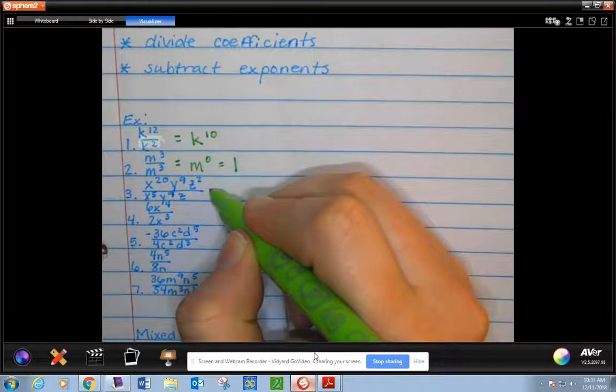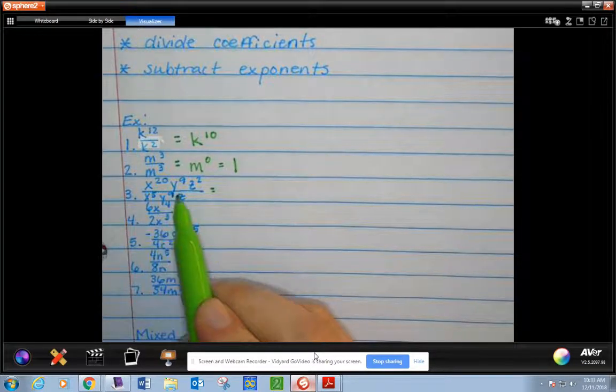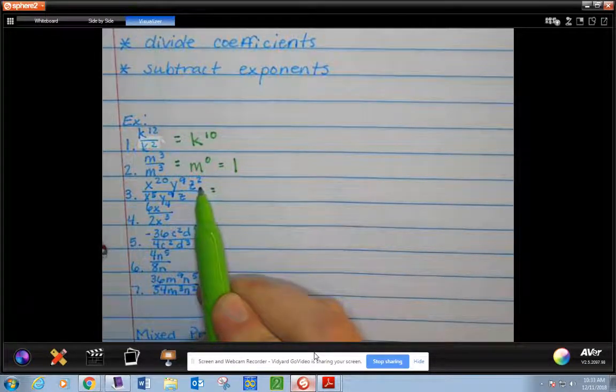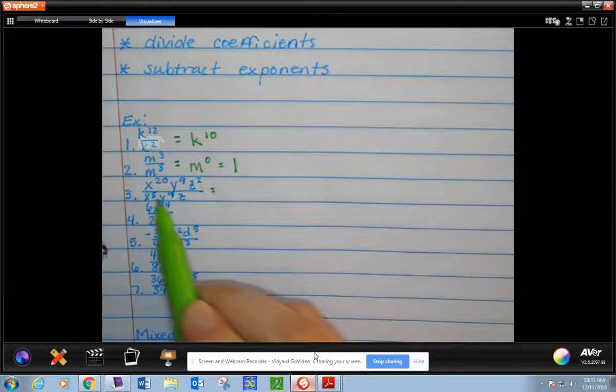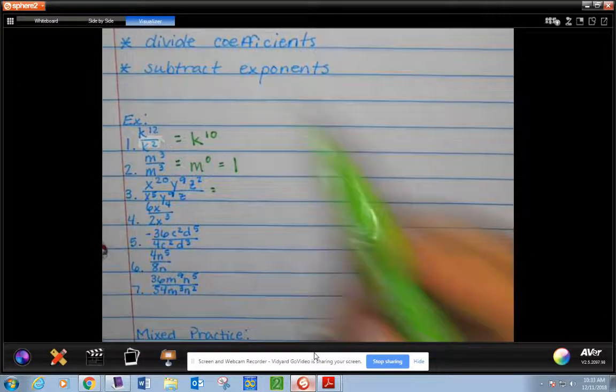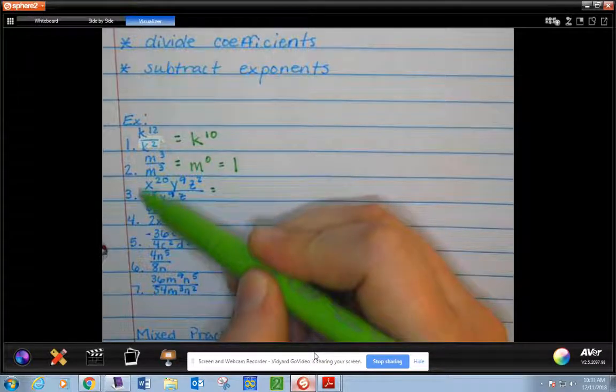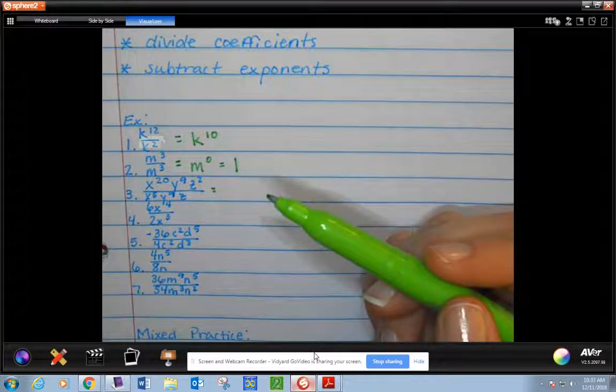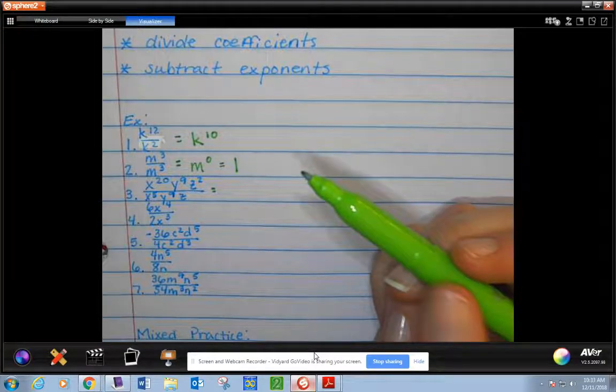Okay, for my next example, I have x to the 20th, y to the 9th, z squared, over x to the 5th, y to the 9th, z. You're going to go one letter at a time, but first thing I'm going to look at is, is there a coefficient? Since there's not a leading number in the front other than 1, you can't do anything with it.